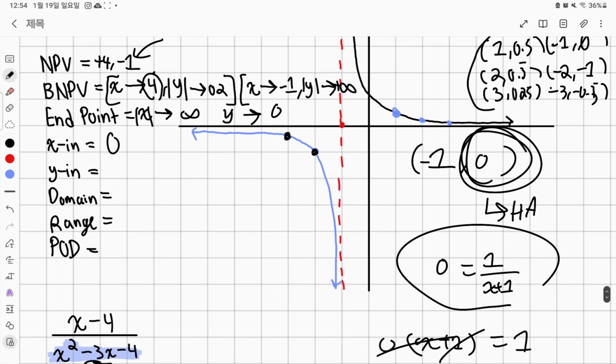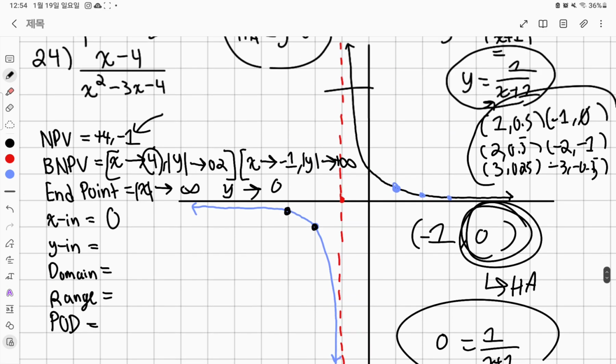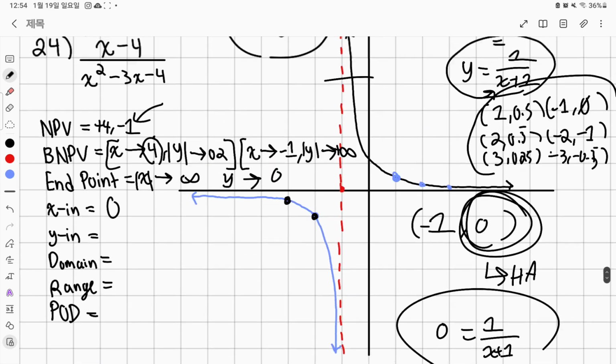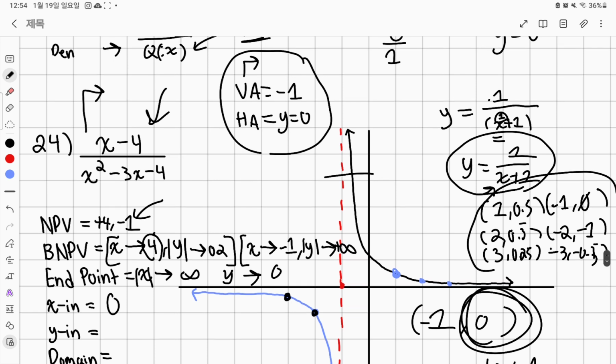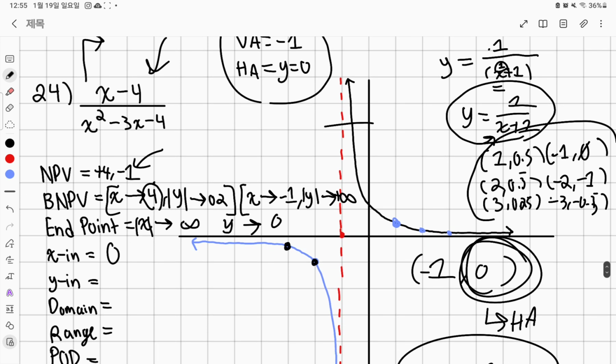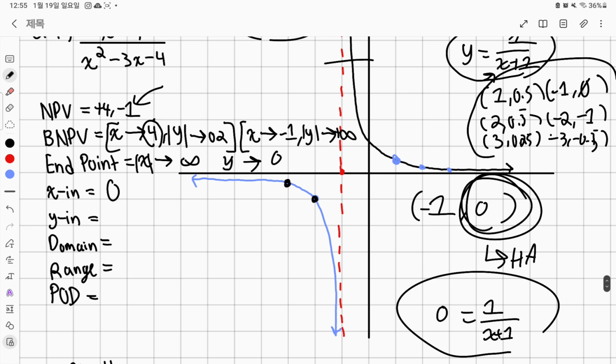And then y-intercept. Y-intercept is very easy. Just plug 0 into the equation. You can do it in the original equation or the simplified equation, it doesn't really matter at all. Just 1 over 0 plus 1. It's 1. Okay, y-intercept is 1.